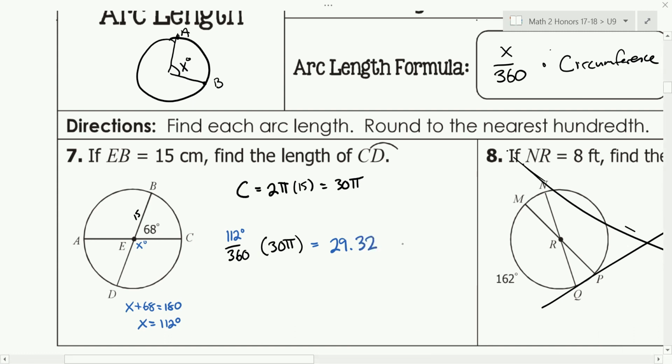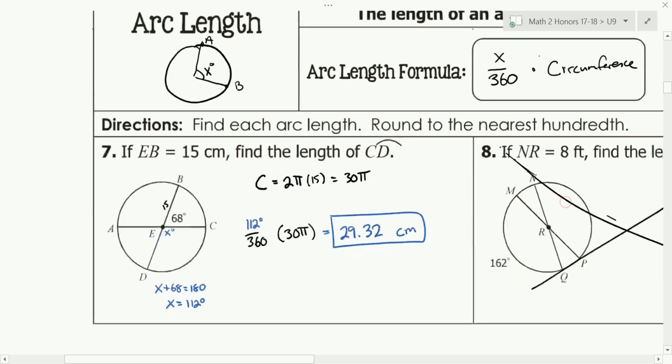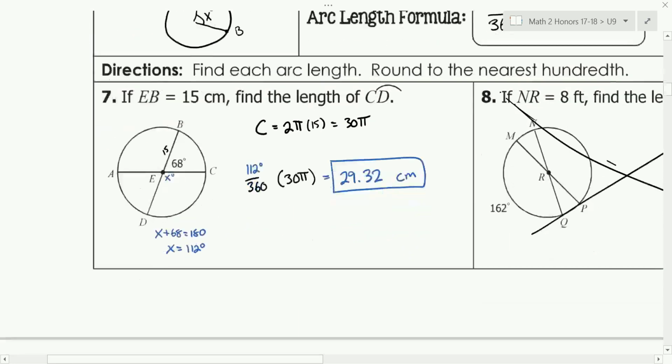And what units should we use here? Centimeters or centimeters squared? Just centimeters because it's just a length. Use squared centimeters for area.